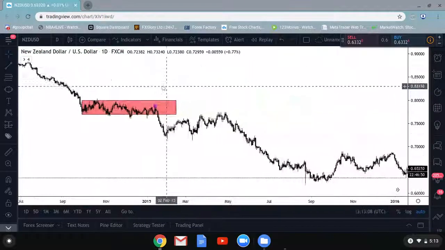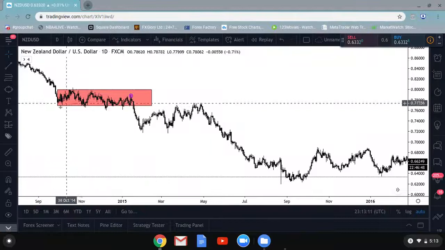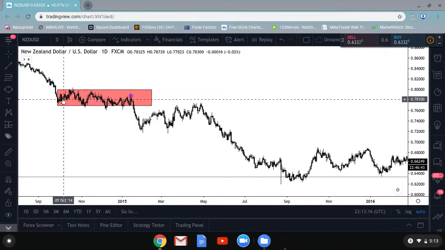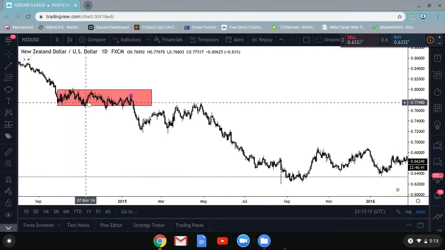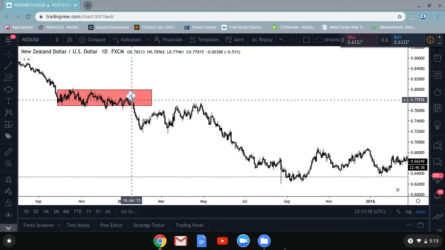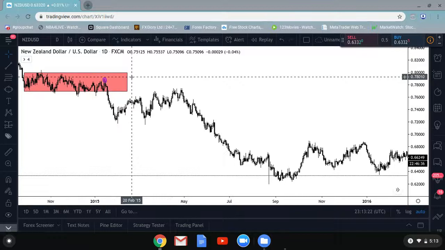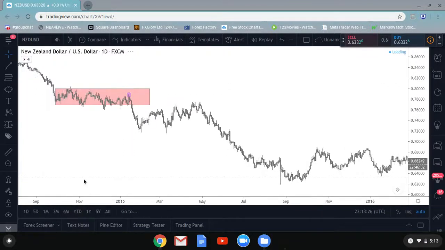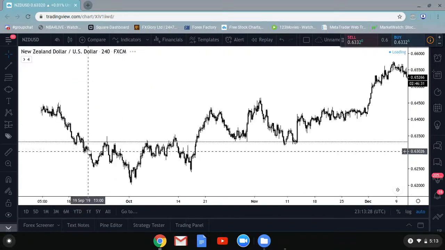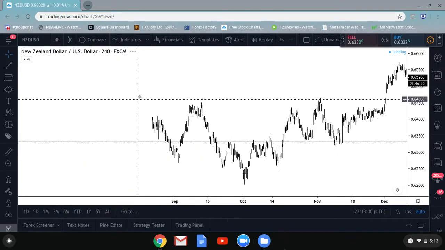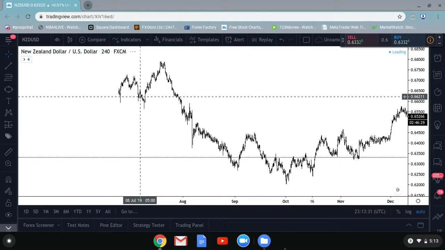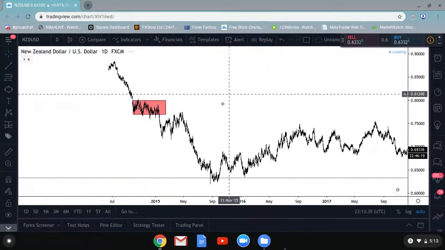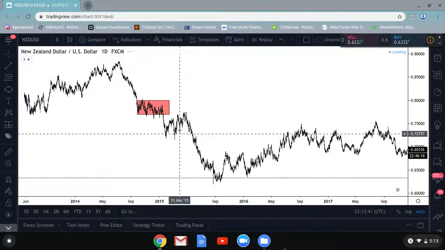But staying away, because as you can see, from the 30th of September 2014, it was in this range until it was ready to finally go in January. That's on the daily chart, of course, but it can give you a very good idea of what's going on. So pay attention to these different phases of the market and not get caught up in these consolidation phases.